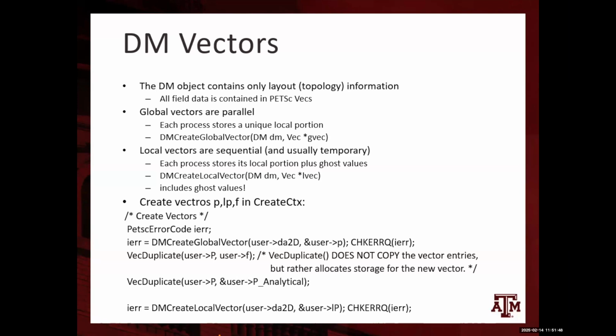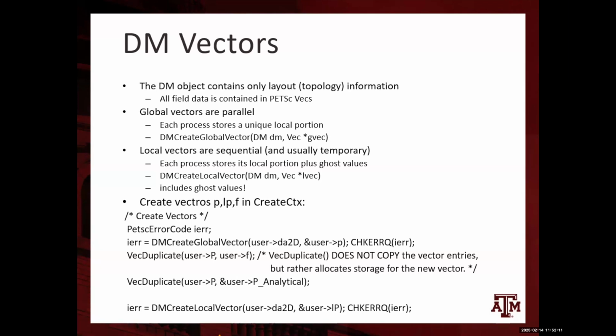You don't have to do MPI communication to update the ghost nodes. If you didn't use PETSc, you had to do this on your own. With this, PETSc takes care of all that communication for you, which makes things easy.